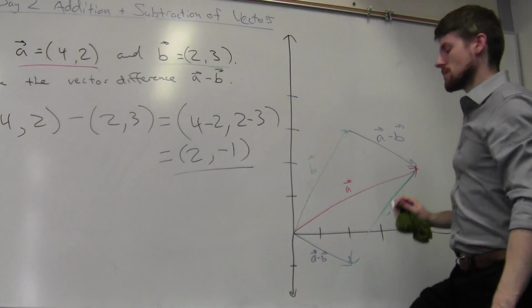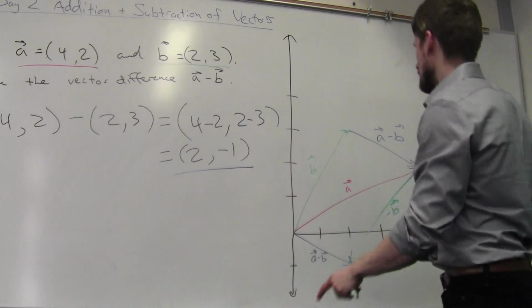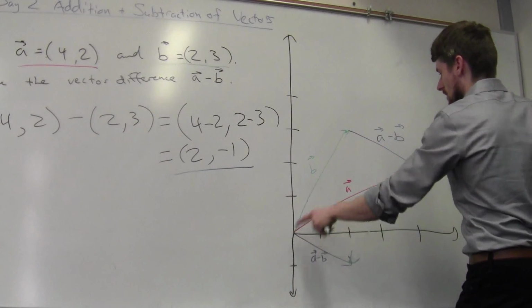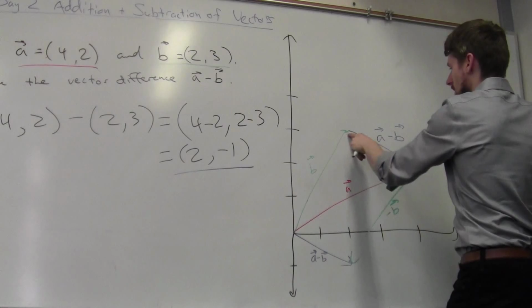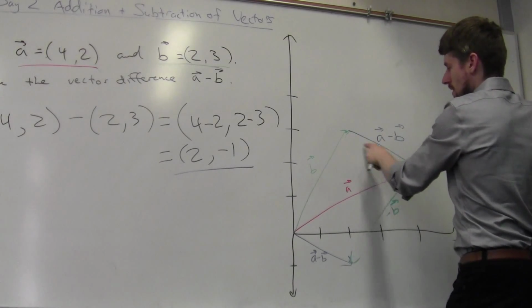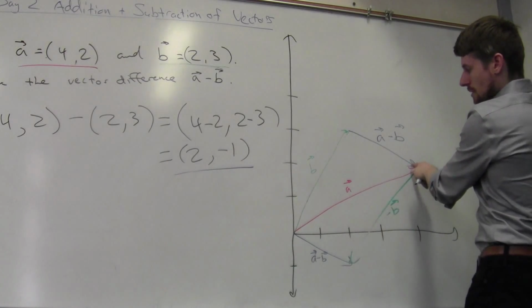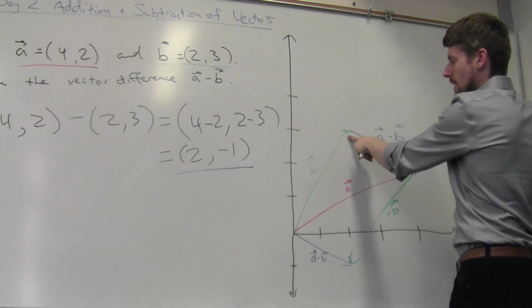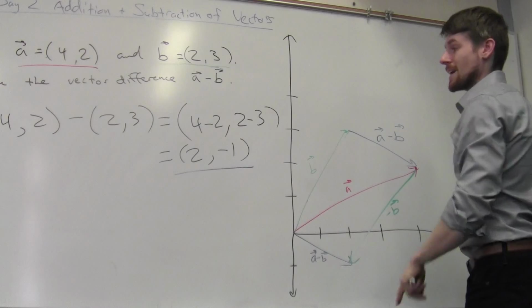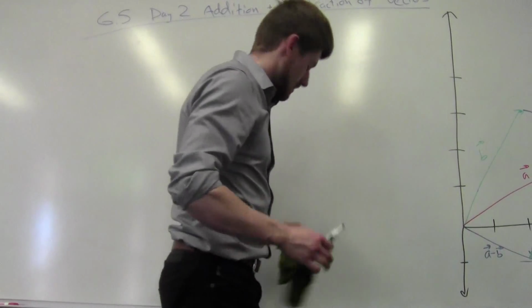So that's graphically what's going on. The easiest way to find this vector, though, is to just draw the arrow, the vector connecting the endpoints. Now, you wouldn't want to draw the vector going from this endpoint to this endpoint. That would end up being B minus A.